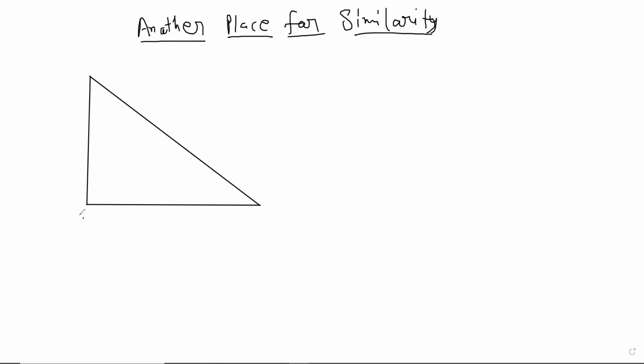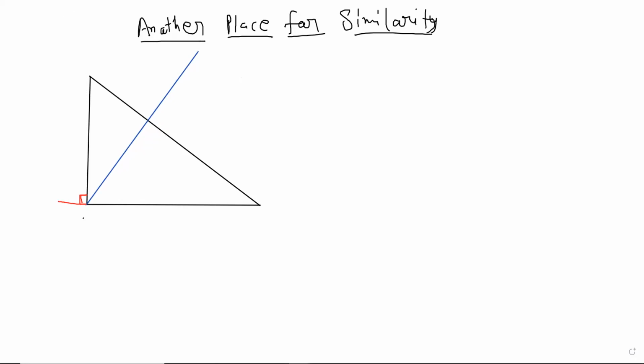So this is a right angle triangle, but I prefer to draw the right angle here for the time being. Now, what I'll do, I will draw another line like this. This is not the midpoint or anything, this is just a perpendicular.